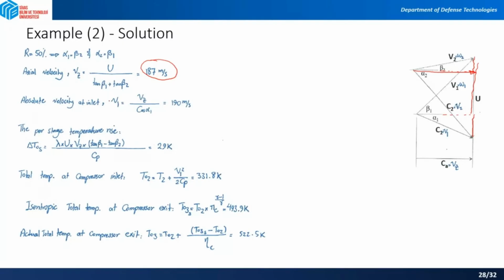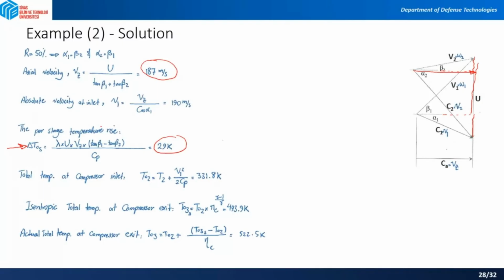So again, from the triangles, you can find the absolute velocity at inlet, V1, and the per stage temperature rise is 29 Kelvin.